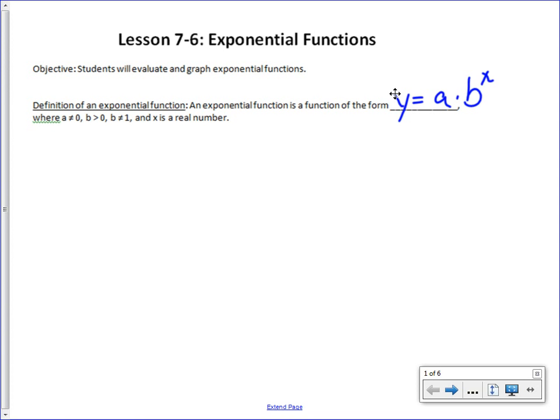If you turn in your book to page 453, there are a couple of examples of graphs that show what an exponential function looks like.